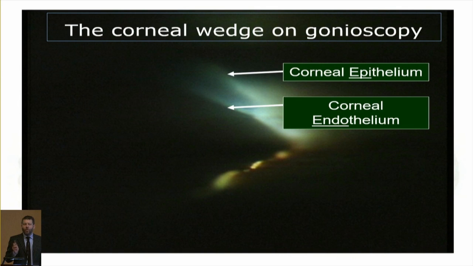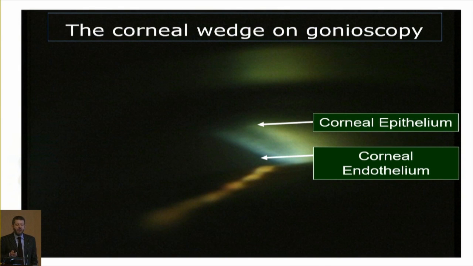The requirement for all patients for diagnosis, even with beautiful anterior segment imaging, remains gonioscopy. We need to be able to identify the corneal wedge on gonioscopy, the point at which the corneal epithelial and endothelial lines join, and know that beyond that, the structures that we can see are trabecular meshwork.